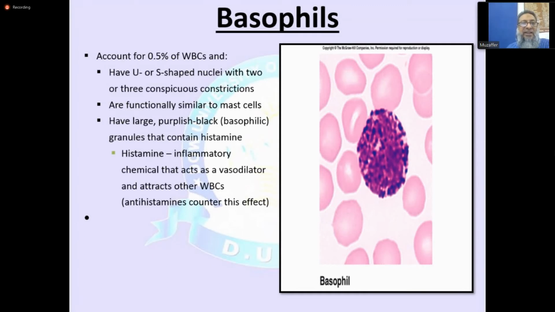And another characteristic thing is that they contain histamine and heparin in their granules. And if you recall from your memory, the same two substances, histamine and heparin, are also contained by the mast cells. So they are functionally similar to the mast cells.